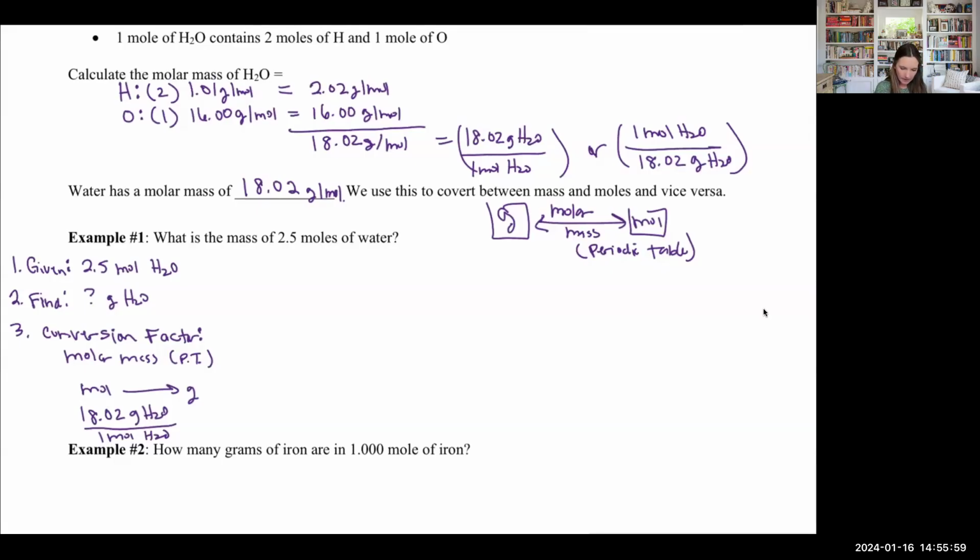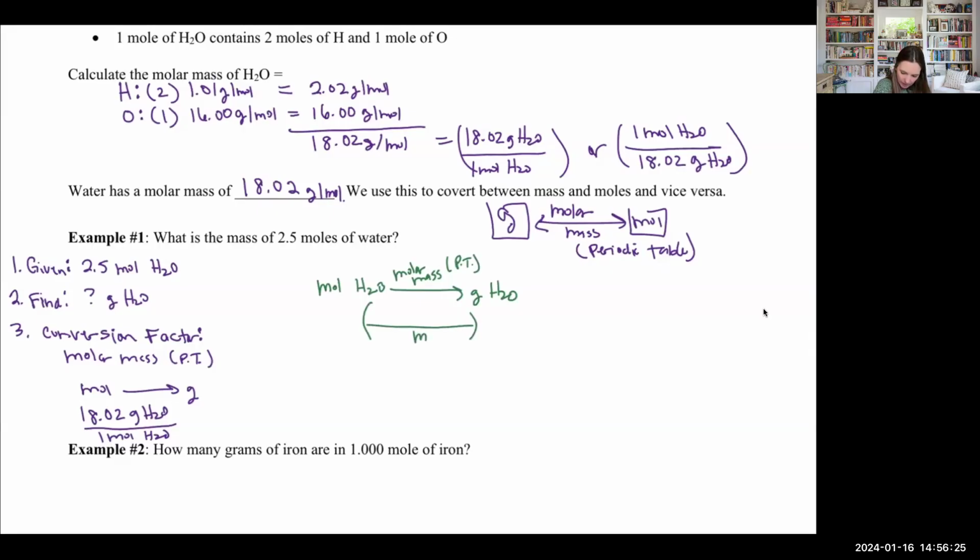So let's look at this. So our solution map, I have moles of water to convert to grams of water. I'm going to use my molar mass from the periodic table. So I'm starting with the units of moles.